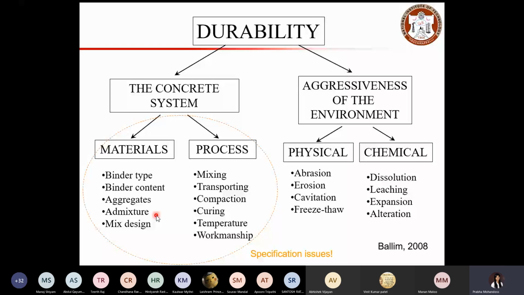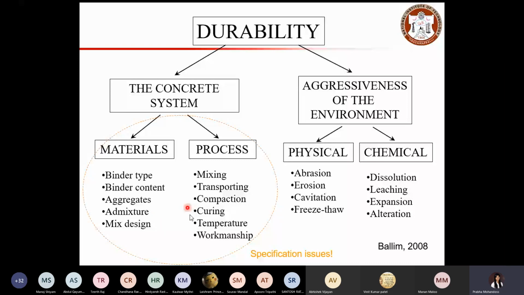Those come under the category of freeze-thaw, when you have to design your concrete for freeze-thaw conditions. If you are not considering those factors, and if you are not including those admixtures in the given applications, then that may result in some failures.